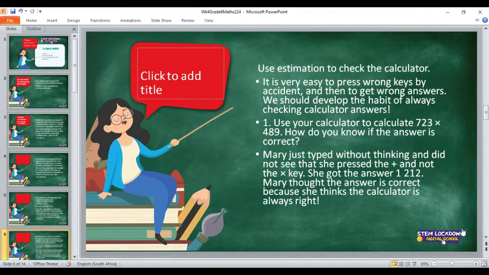But if you accidentally press the wrong key, then the answer would be 1,849.